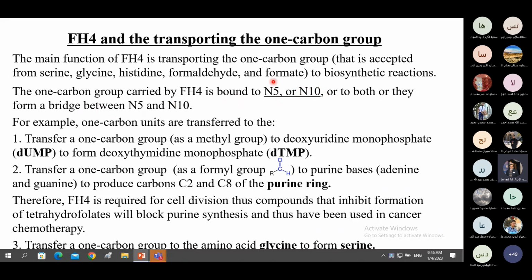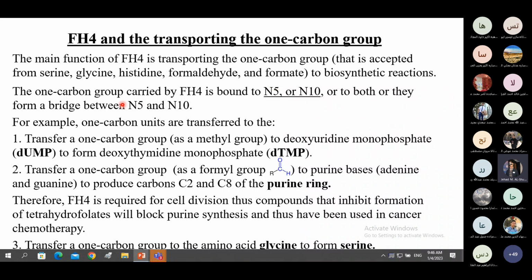They share with each other. So the main role of FH4, the active form of B9, is transporting the one carbon group. It is attached to N5 or N10 or between them.